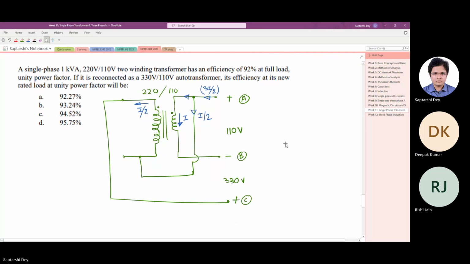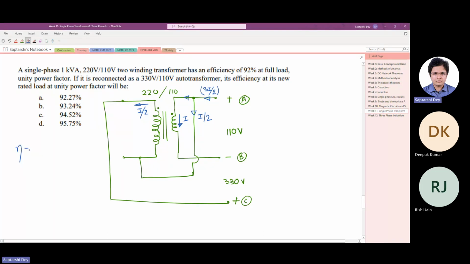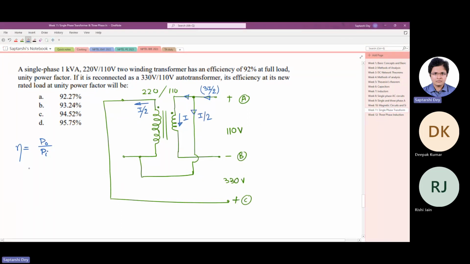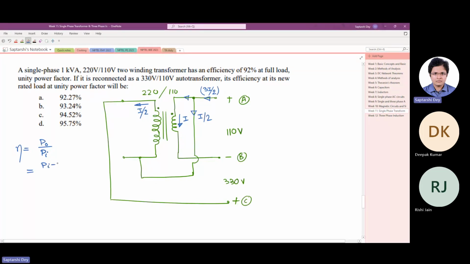Yes, sir. Now, if you write, when it was operating as a regular transformer, what is efficiency? Efficiency is output by input. Output is input minus loss.